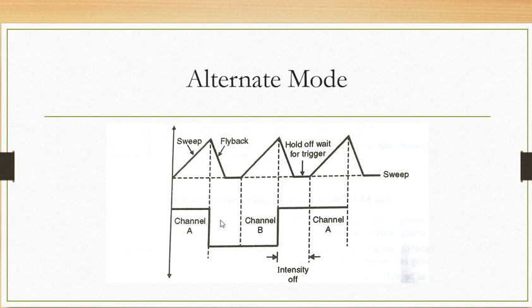We know that during this flyback period the electron beam is invisible, or the intensity is off, so the changeover action is also invisible, that you have to keep in mind. That's why you are not observing the changeover action. Why? Because the switching is done in the flyback only. You can observe here also, okay, and some hold time is used over here for switching and triggering as well, okay.